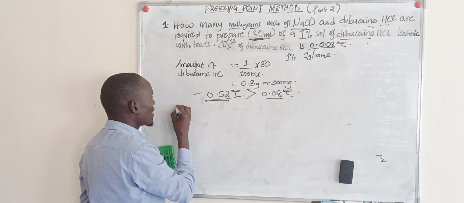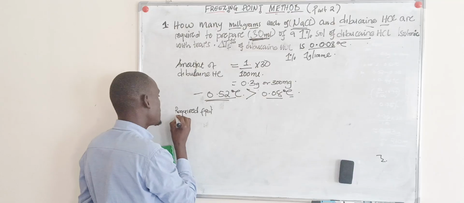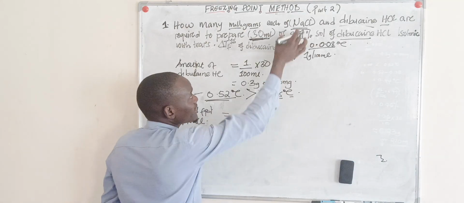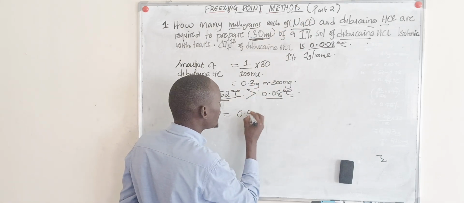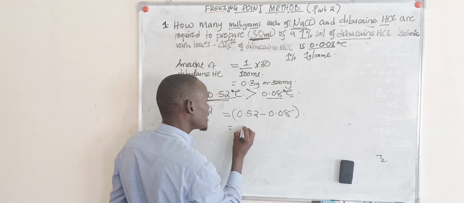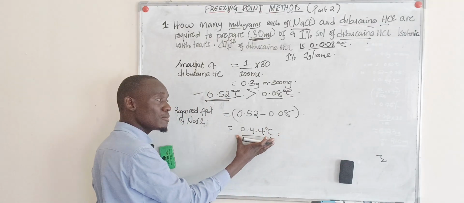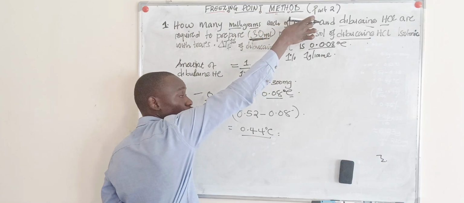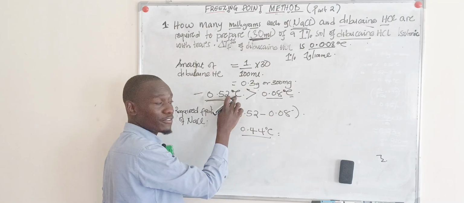So we shall get the required freezing point depression of sodium chloride, our isotonicity modifier. This will be 0.52 minus 0.08, and when you compute this, we shall get 0.44 degrees C. This is the freezing point depression that is required for sodium chloride to render this solution isotonic. It means when we add 0.44 to this, we shall get 0.52.